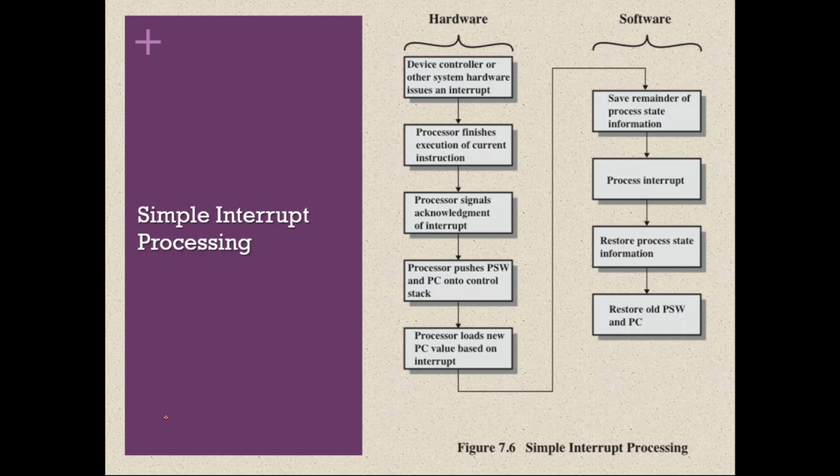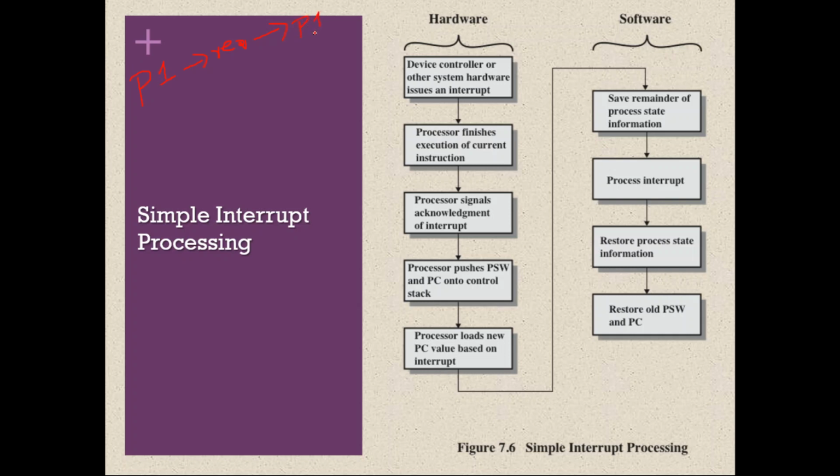So in interrupt driven IO, like we discussed in the previous example, if the processor is currently executing P1 and P1 requests an IO operation, then P1 will be put in the wait state.